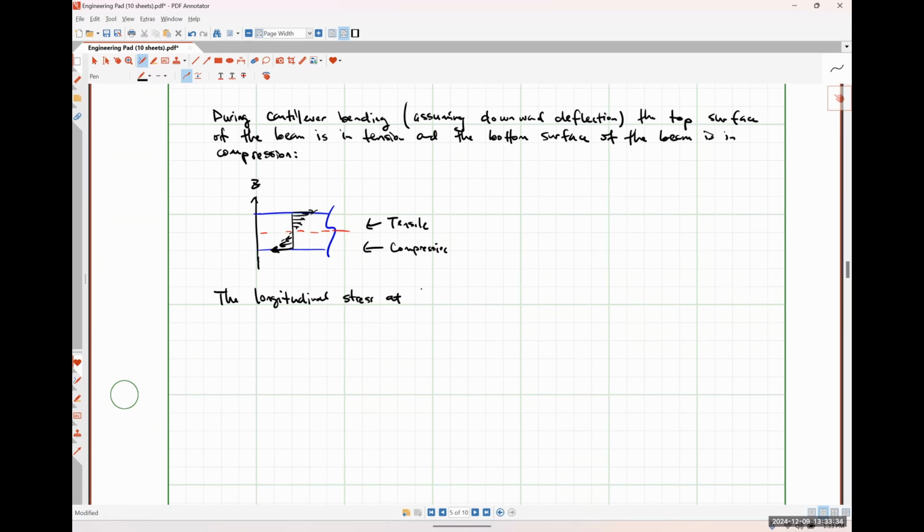The longitudinal stress at a location Z, comma X, where I'm trying to remember if we're calling Z equal to 0 the middle of the beam. I'll just put distance from beam center. Okay.